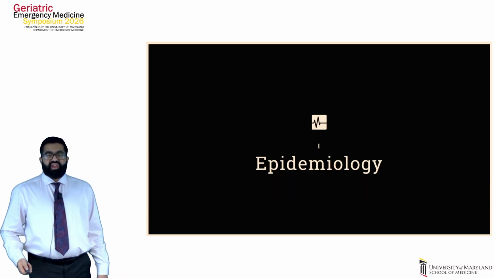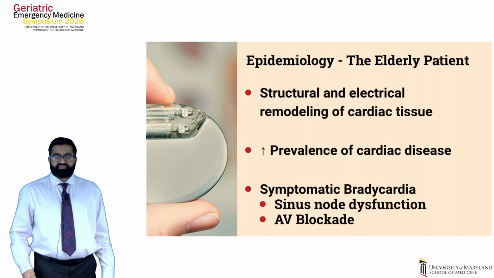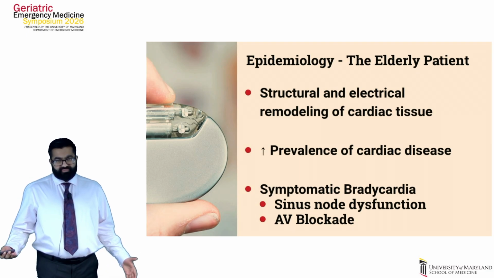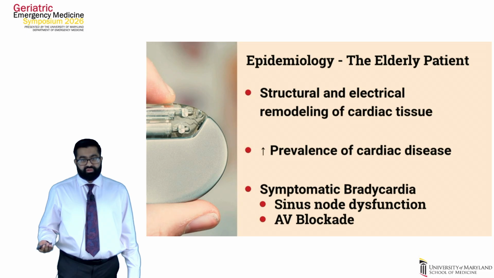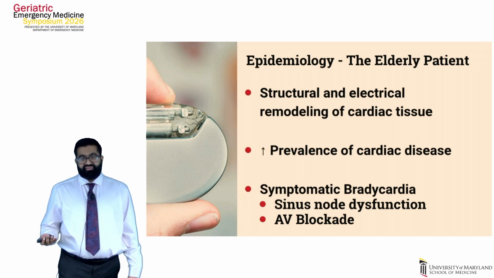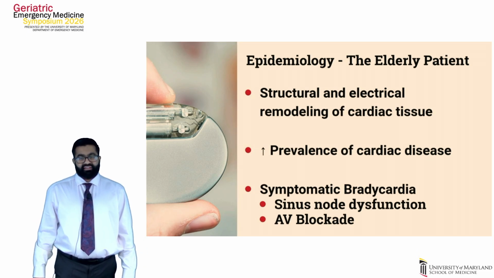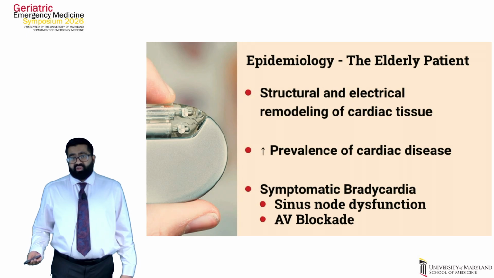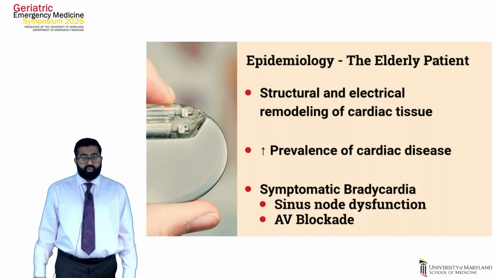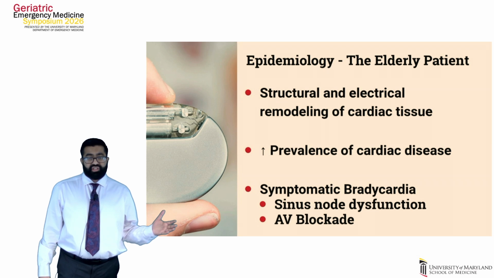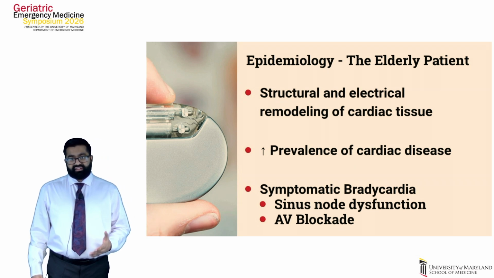Let's get started with some epidemiology first. The elderly patient. They have structural and electrical remodeling of their cardiac tissue, and that increases the prevalence of cardiac disease. Thus, they also may be more at risk for having symptomatic bradycardia, whether that be sinus node dysfunction or AV blockade.